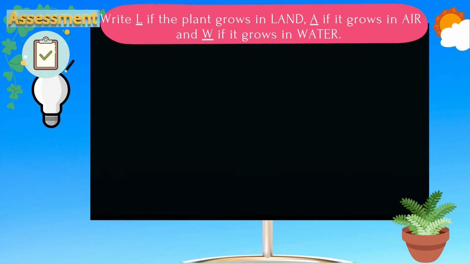Now, let's assess what you've learned for today's discussion. Are you ready? Let's start. Direction: write L if the plant grows on land, A if it grows in air, and W if it grows in water.